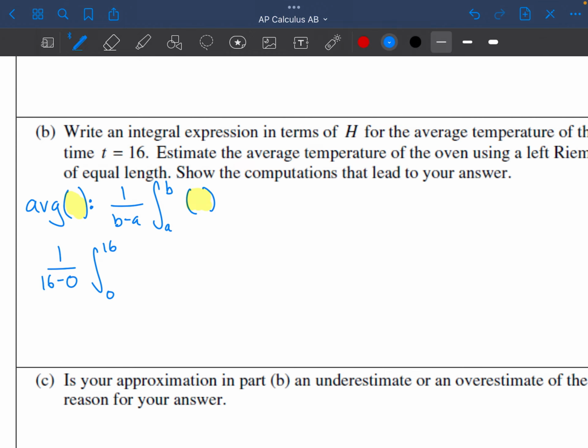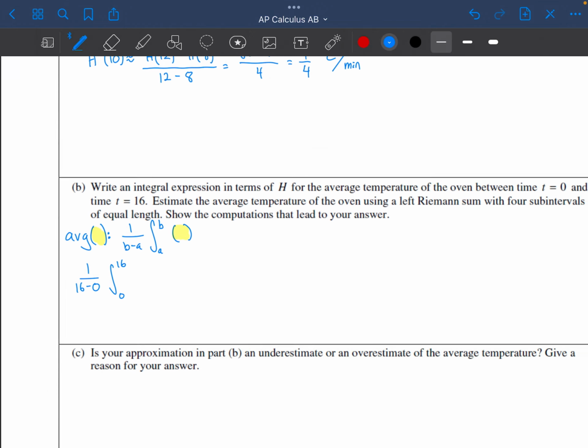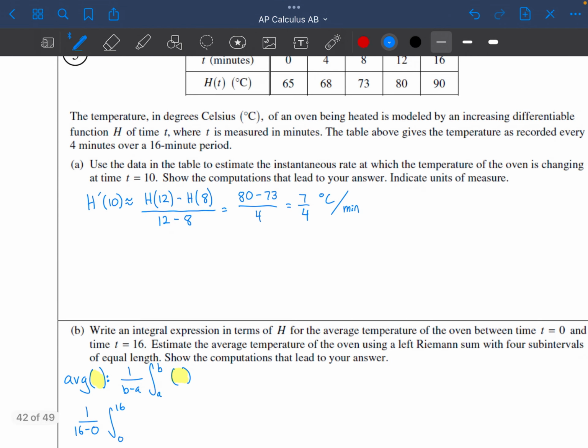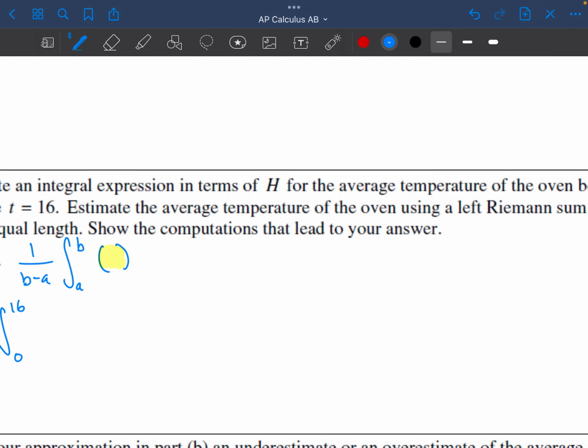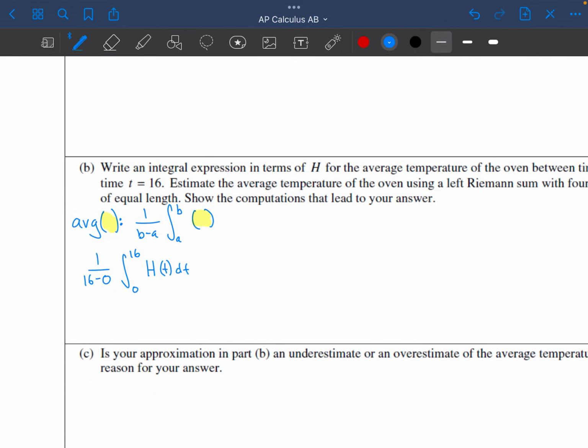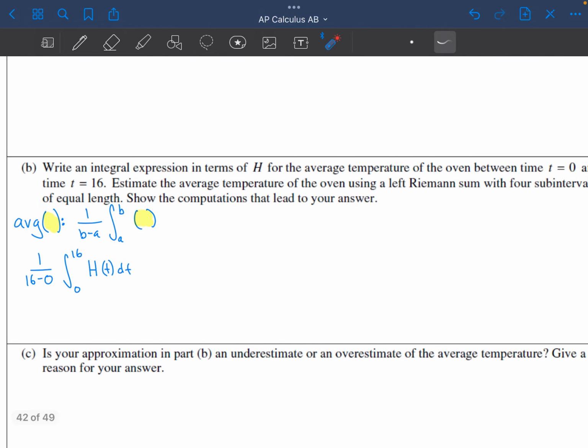So I'm going to plug in temperature. I'm just going to say h of t. H of t is temperature, right? It tells you that up here, h of t is just temperature. So I'll just say capital H of t, dt. Cool. And that's all it's asking for. It just told us to write that expression. Done. Keep reading the question.